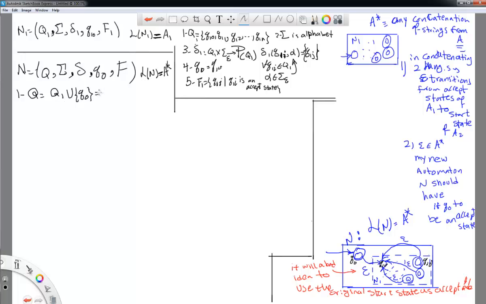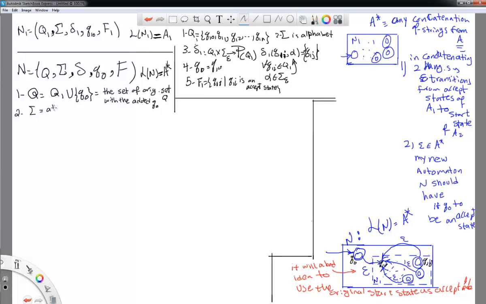Basically, the set of states of N is going to be the set of original states Q with the added q sub 0, which is now going to be N's start state. Notice that I did add a new start state instead of converting the start state of my original automaton into an accept state.